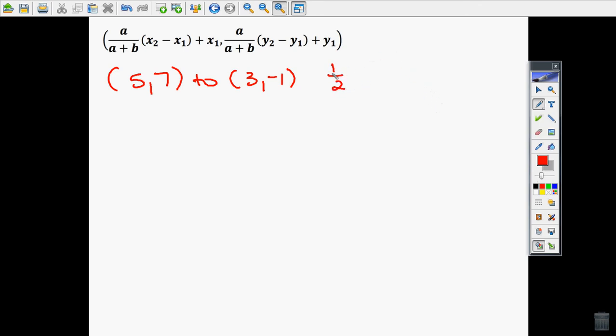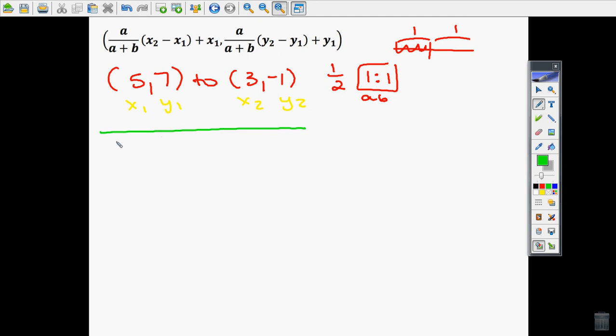Well, here, this doesn't tell me my A or B. So what I've got to think about is that a fraction of 1/2 is the same thing as a ratio of 1 to 1. One part shaded to one part that's unshaded. This is going to be our A and our B. And then again, since I'm going from (5, 7) to (3, -1), this is x1, y1, and then this is x2, y2. So now I'm going to come through and plug this in.